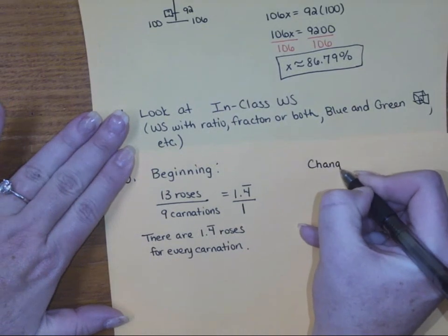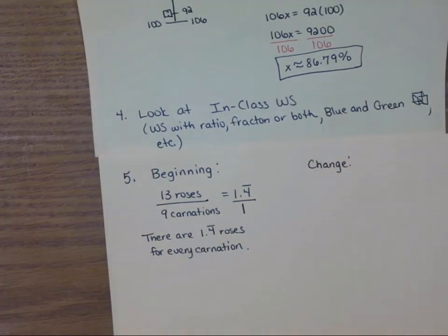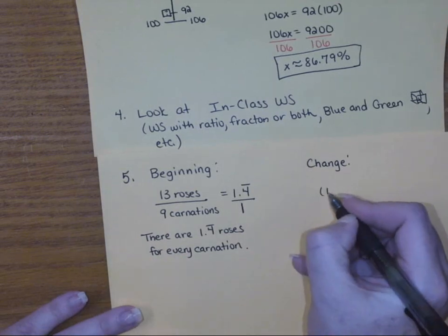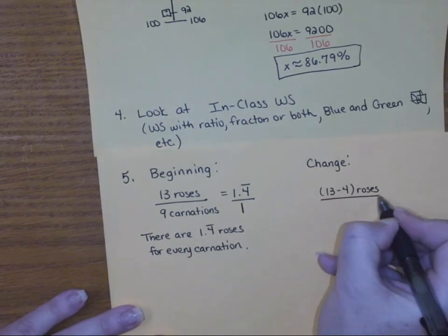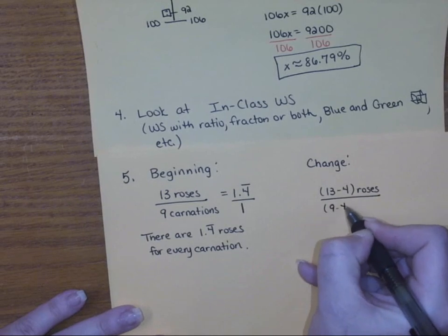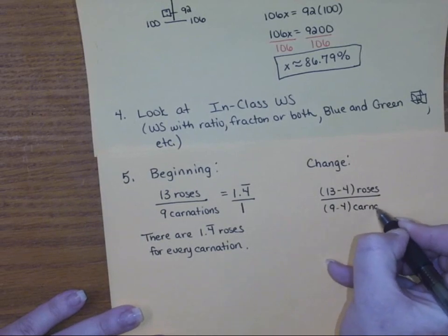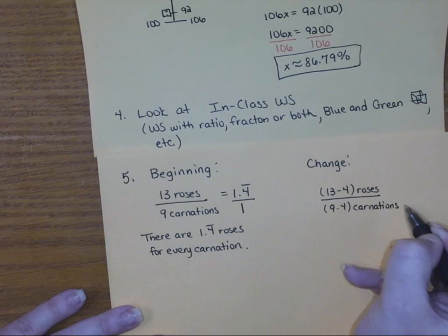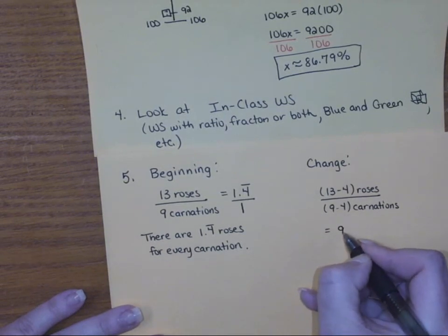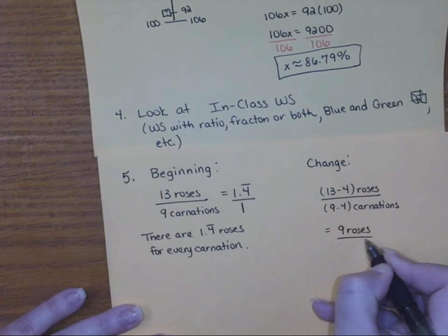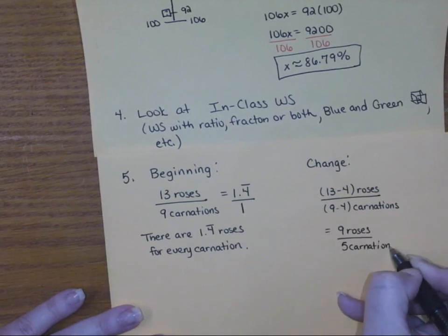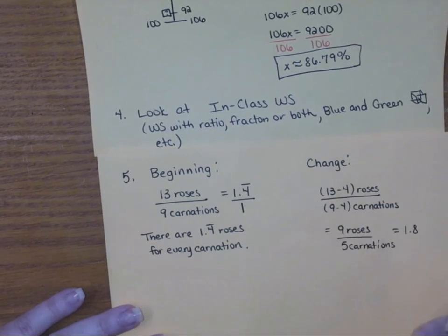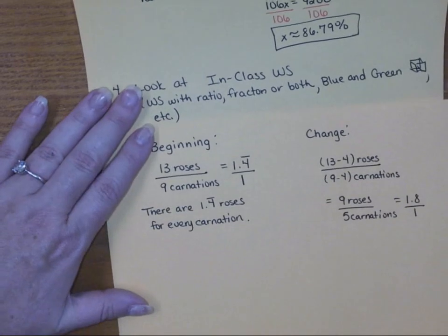And then once we make the change, notice if you read the problem, we're reducing the number of roses by 4. And we're also reducing the number of carnations by 4. So in the end, we get 9 roses for every 5 carnations. And this works out to be a ratio of 1.8 over 1.